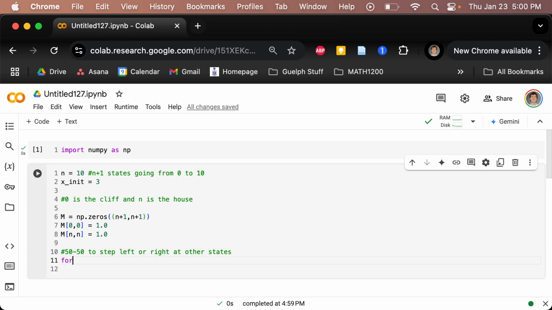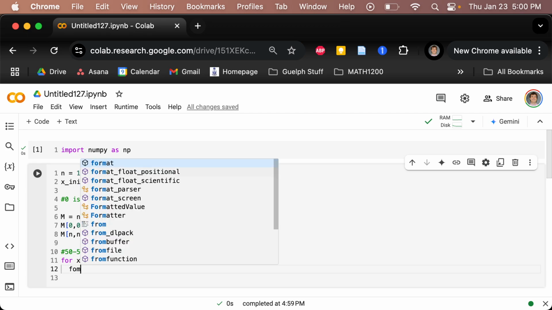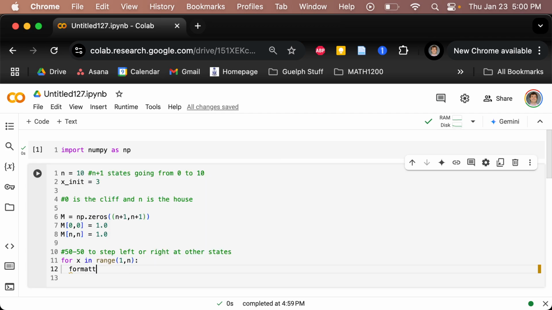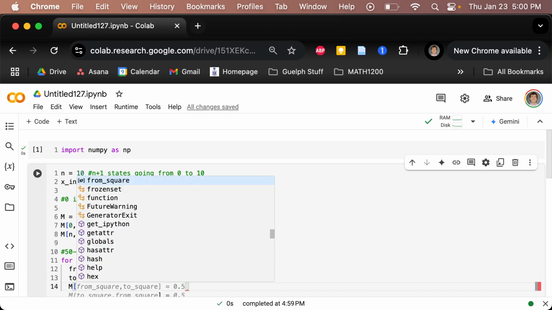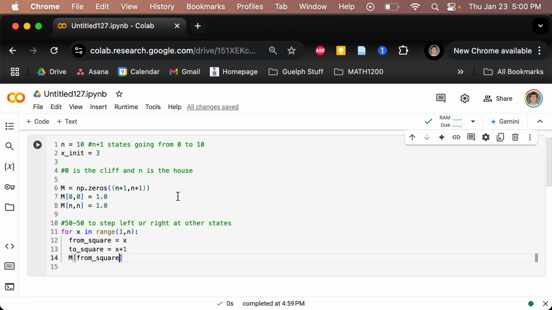And you could do this with a for loop. So you could do for x in range n, and I guess I want 1 to n. Let's do it the old-fashioned way. The from square is x, and the to square is x plus 1, and then M of from square, to square equals 0.5.